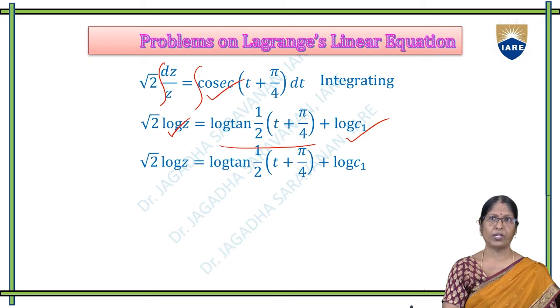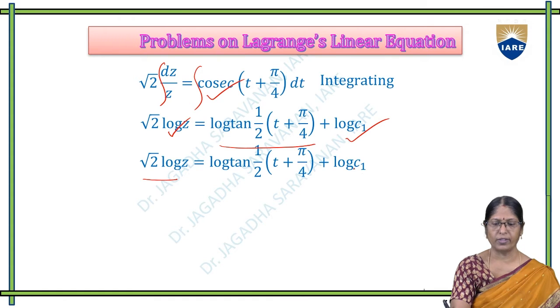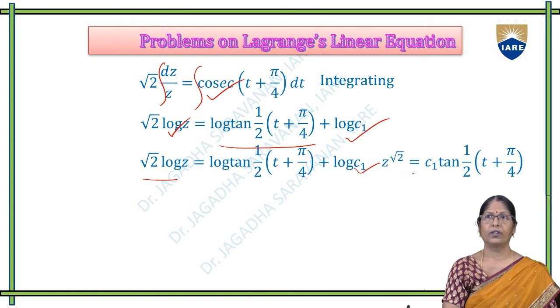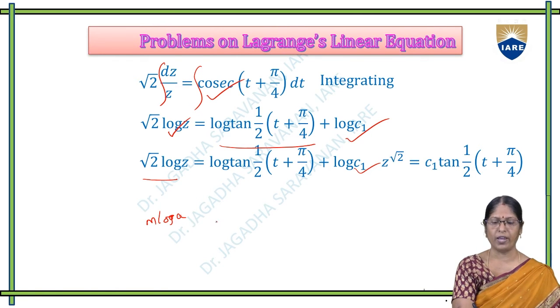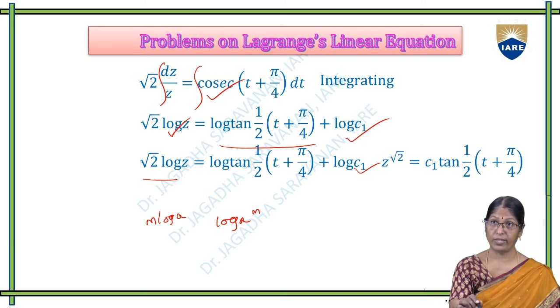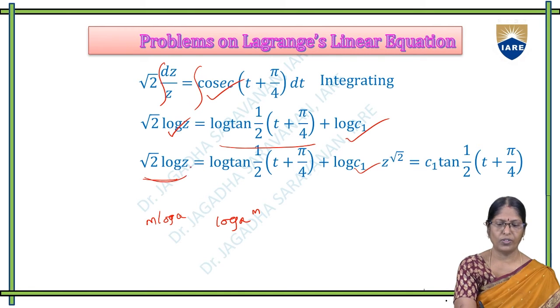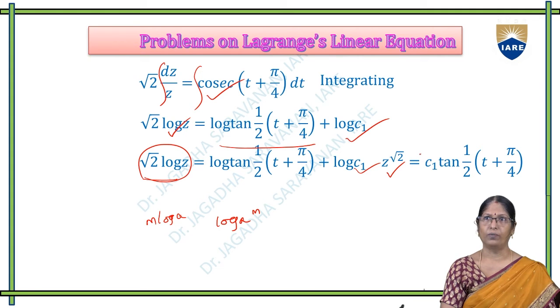Next, the simplification part. What we have done here, we can notice, actually the same step which is repeated. Now, this log a is there. Suppose m is there, we can write m log a, log a power m we can write. Using that formula, here we can notice it, z power.